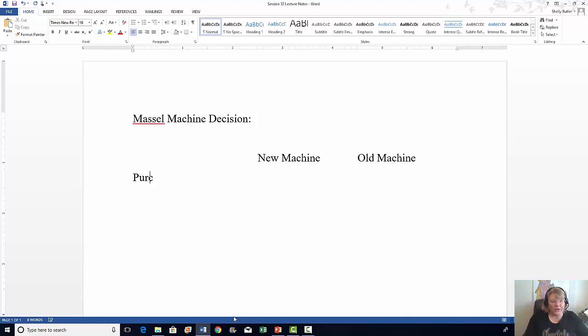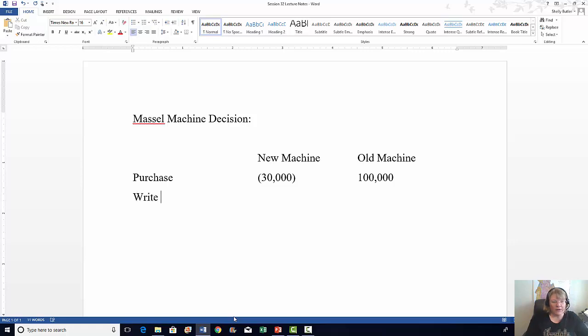Okay, so the purchase of each machine. The new machine is $30,000, and it is an expense, so I'm going to put the cost in parentheses because that's an outflow. Now the old machine, it's $100,000, and we have already paid for that.